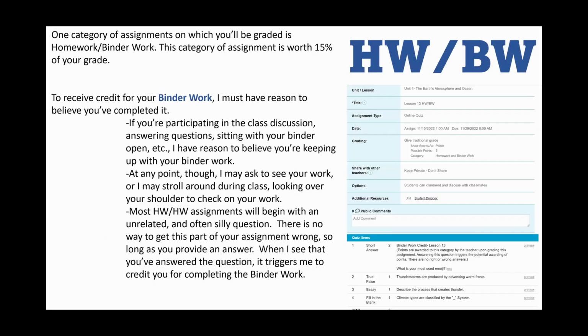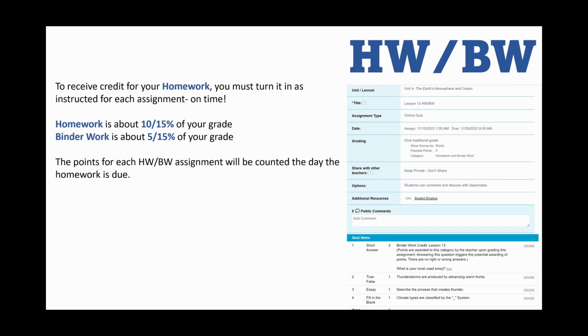To receive credit for your homework, you have to turn it in as instructed for each assignment and turn it in on time. So your homework and binder work together is worth about 15% of your grade, and it works out to your homework being about 10 of that 15% and your binder work being about 5. The points for each homework binder work assignment will be counted on the day the homework is due.